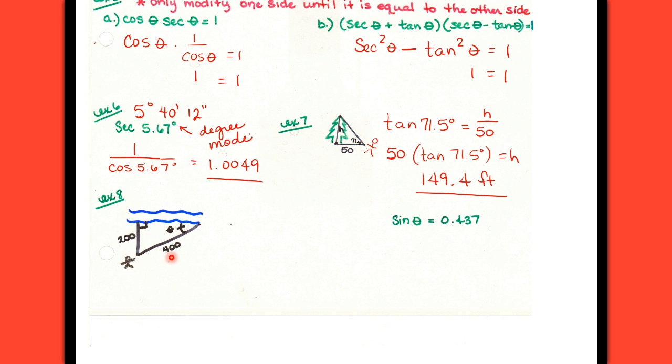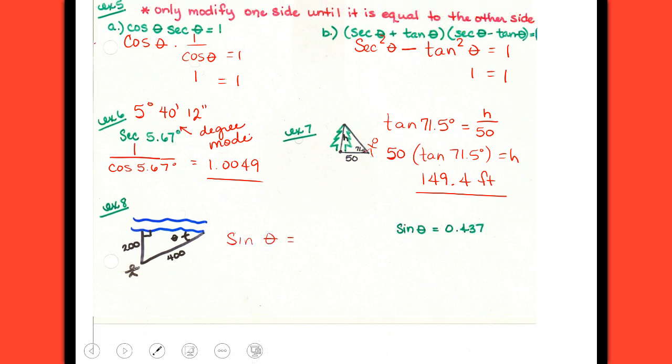So which trig function is opposite and hypotenuse? So that means I want to use sine, right? So I can say the sine of my angle is equal to opposite. What's opposite? 200. And what's hypotenuse? 400. So we could simplify 200 over 400 to 1/2, right?